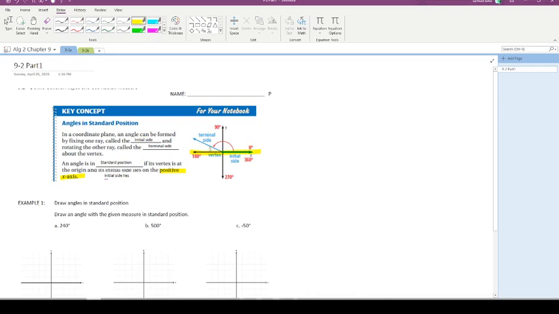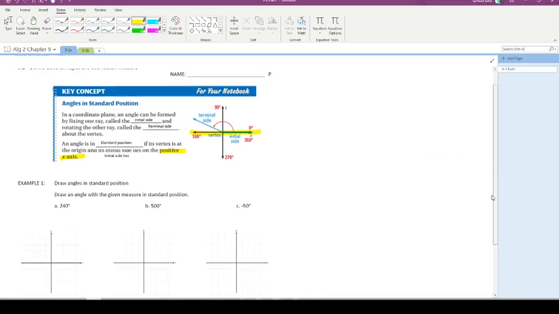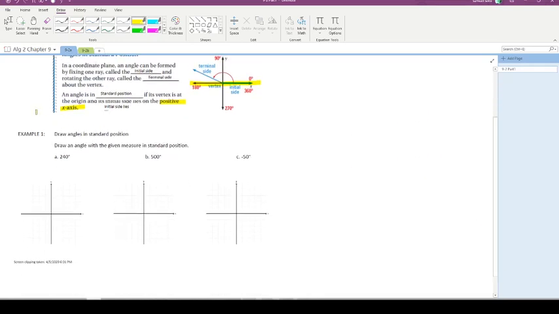So now let's try some examples with this. We're going to draw angles in standard position, starting with an angle of a given measure, 240. Let's use this tool to create a line. Remember this is 0, 90, 180.